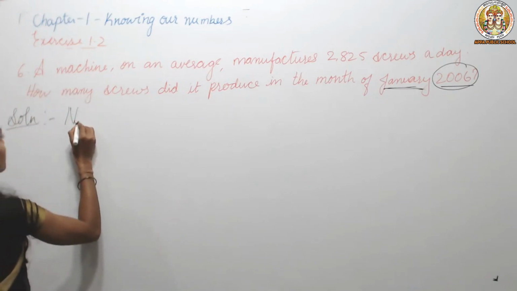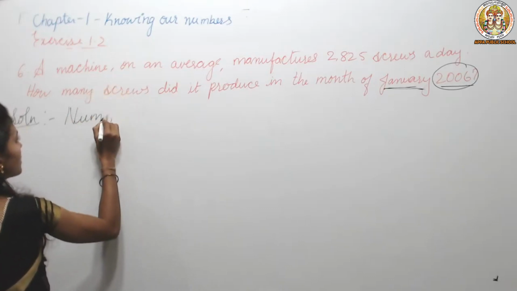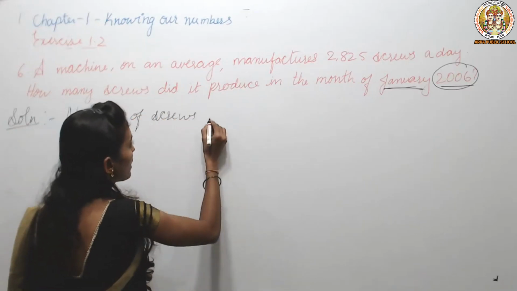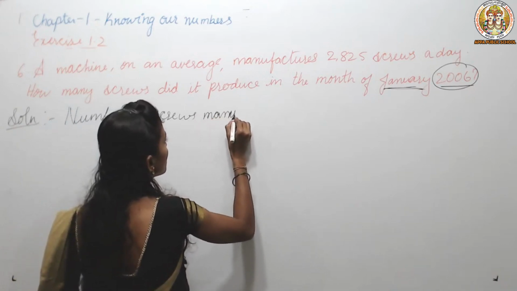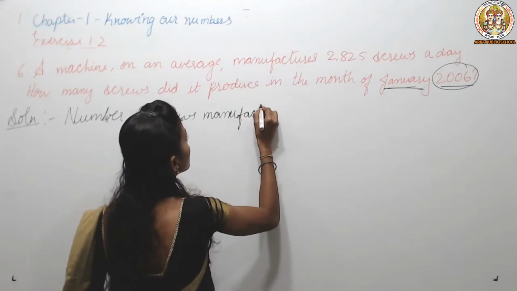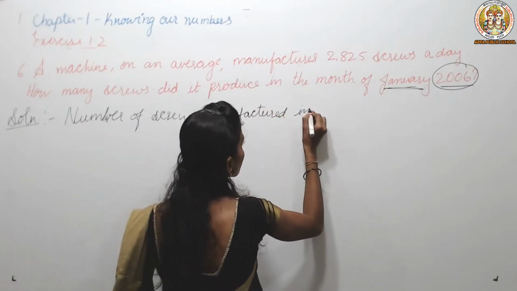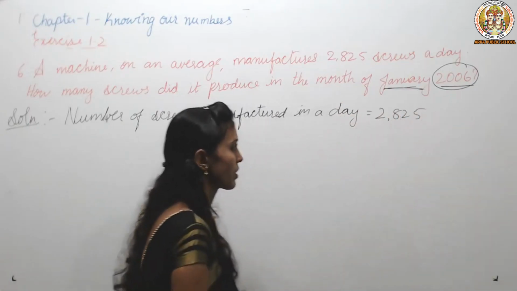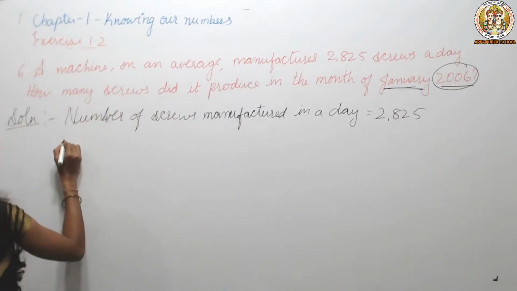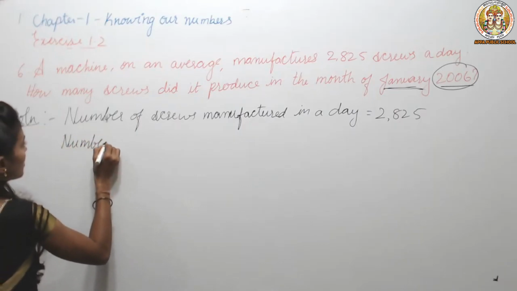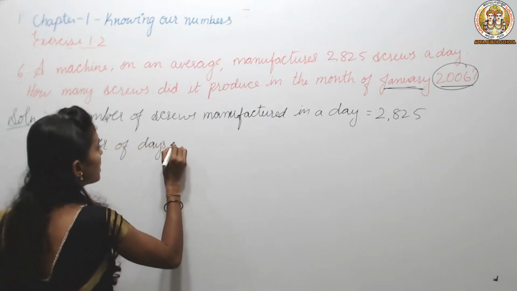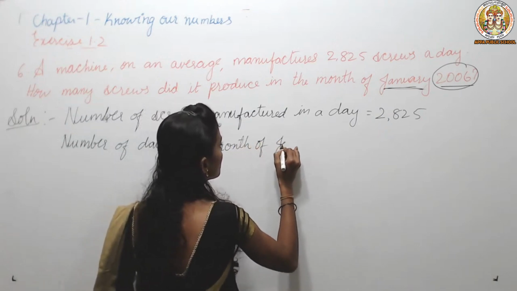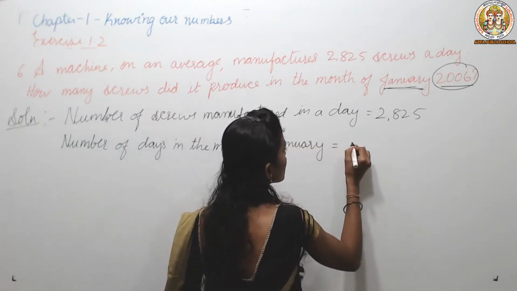Number of screws manufactured in a day is 2825, and then number of days in the month of January is 31.